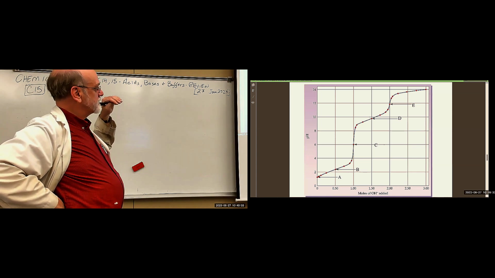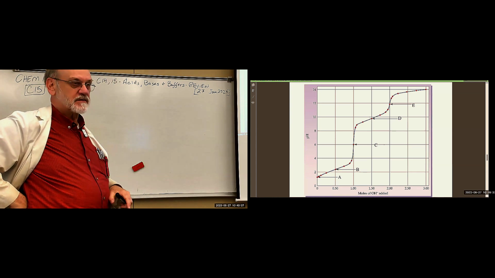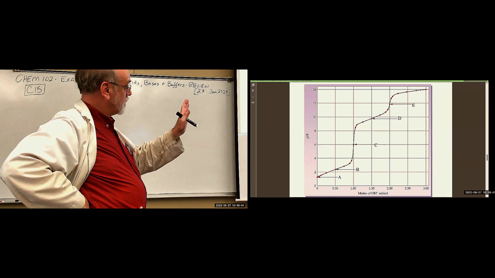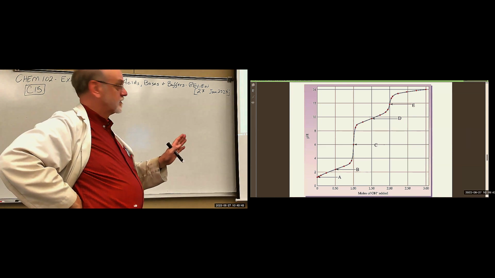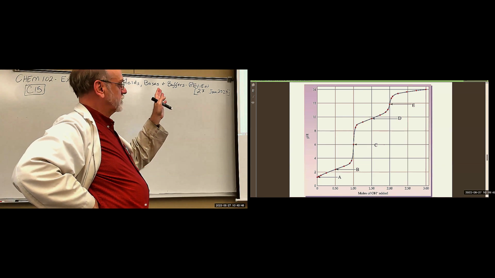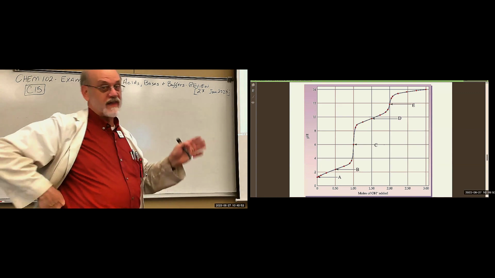And the second one is in the neighborhood of maybe 9.5 pH. The first equivalence occurs at pH 6 at C. And the second equivalence occurs at almost 12 at E. Okay, that's how you read that graph.